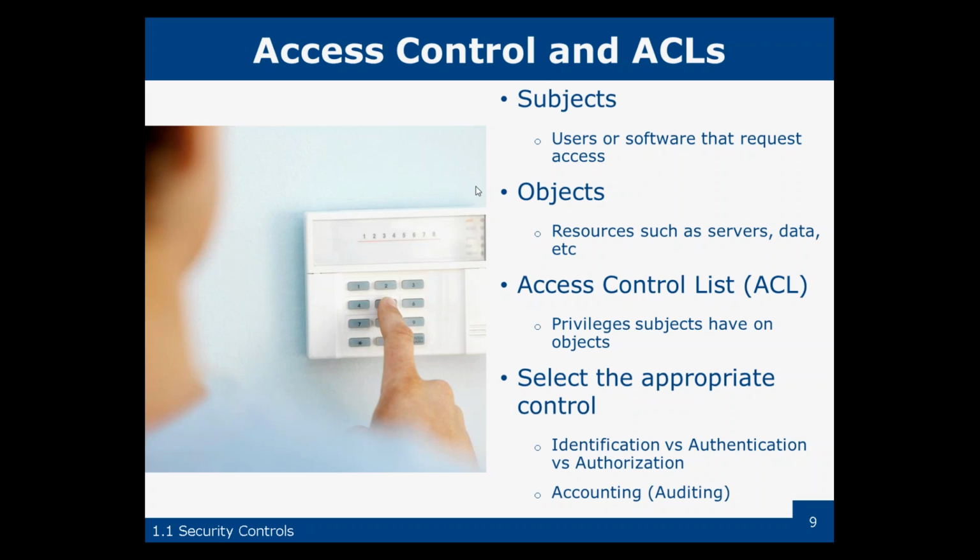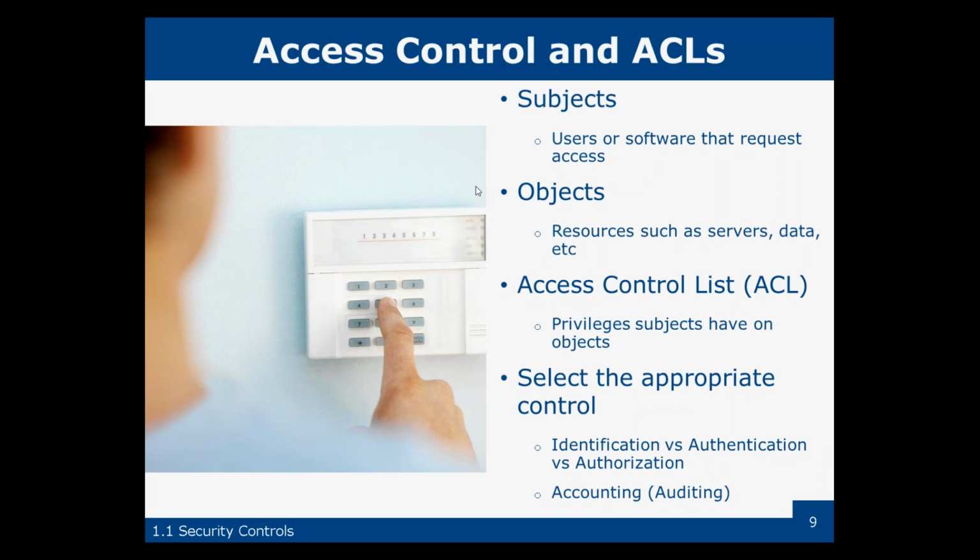And then the appropriate control: identification versus authentication versus authorization. Identification means that you really know who you're dealing with. We used to have the ability to work off campus for some users, and people would let their passwords expire, and the only way that you could renew or reset your password once it expired was to come to campus.